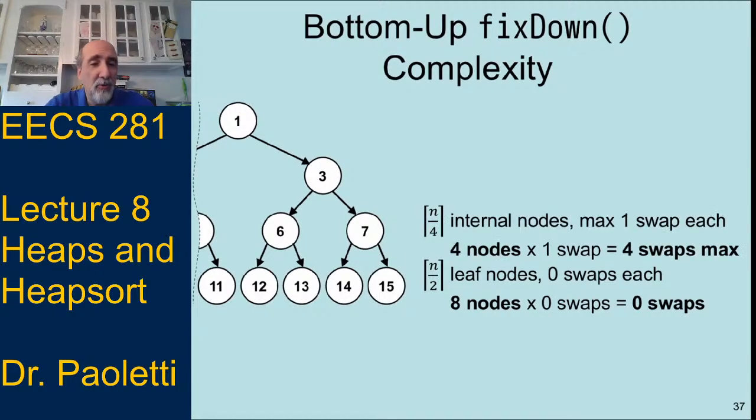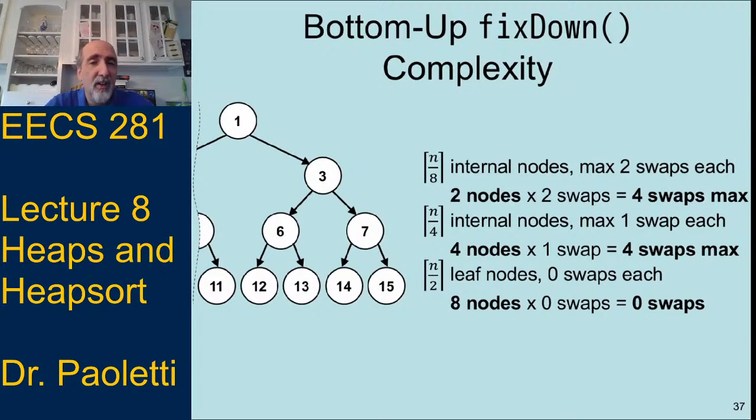So there's n over 4 above that. They do a maximum of 1 swap each. There's a maximum of 2 nodes above that, but they do a maximum of 2 swaps each. Because remember, the fix down can proceed at most down to a leaf node.